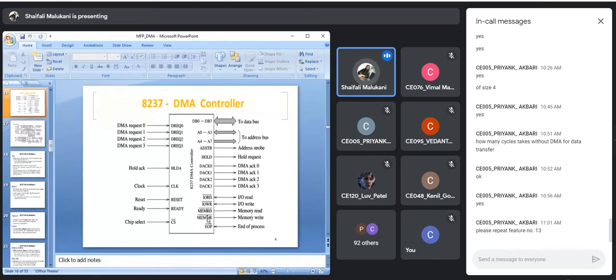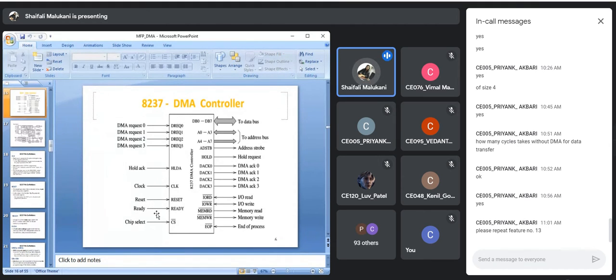So what will happen, because we are having a fixed clock speed, right? It is not necessary that IO will work at the same speed as your DMA controller. Sometimes you have to cope with it, if it is faster or slower, right? If it is slower, then you will use this ready pin.